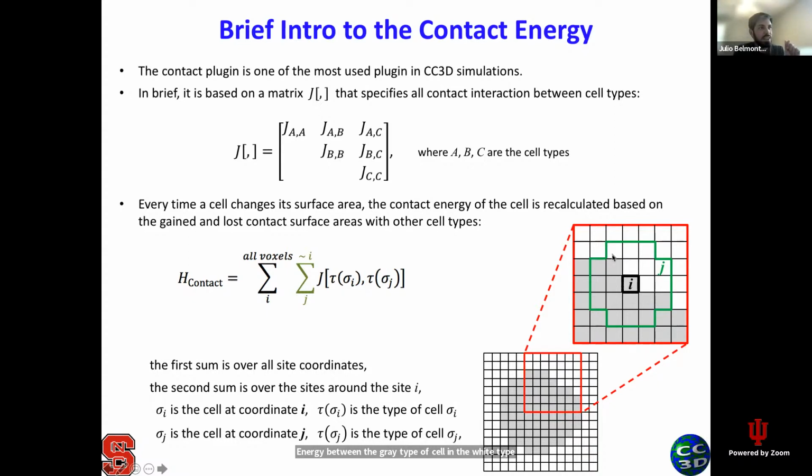Okay. Then I keep going. And one caveat is that when you're doing the summation, if you have an interaction between a site and a site that belongs to the same cell, you skip that. You do not count that self-interaction of the cell.